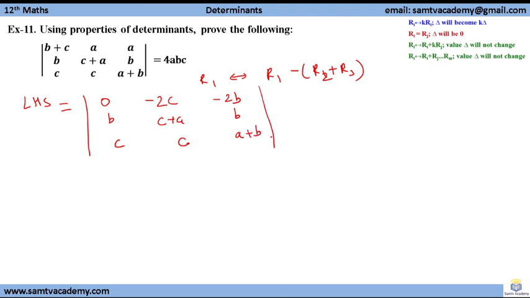Okay, now you can take common 2 from here. You can take from here common minus 2.